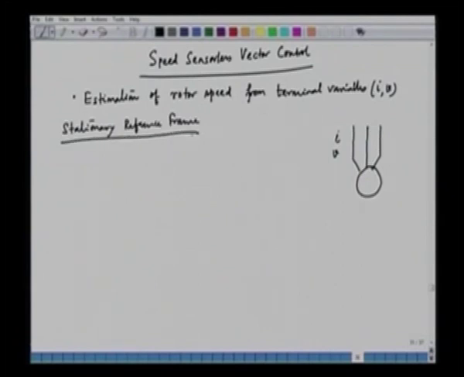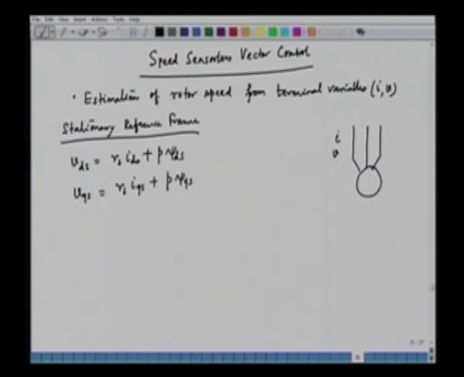And we can write down the equation of the voltages in the stator. This is the d axis stator voltage, VDS equal to RS IDS plus P psi ds, and VQS is RS IQS plus P psi qs.